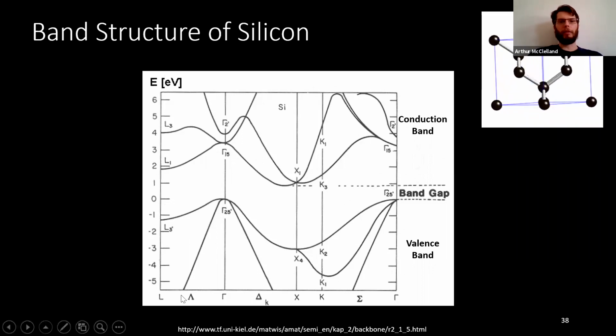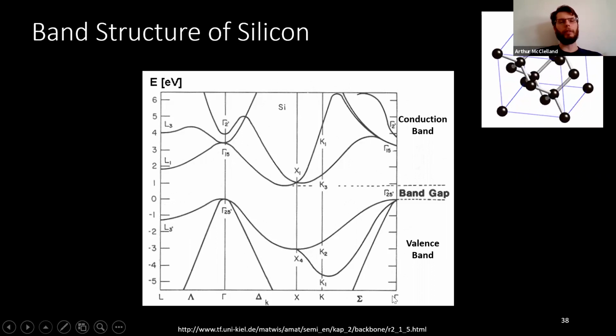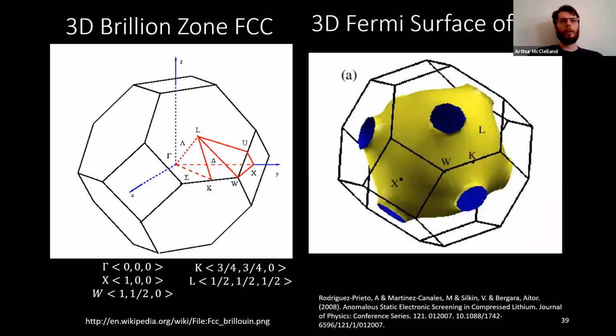So these letters down along the bottom are different crystal symmetries. So in 3 dimensions, we see these different crystal symmetries labeled. And then we can go from the 3D Brillouin zones of the FCC, and we can put in our Fermi levels. So this is where the electrons are actually going to be populated at 0 in 3 dimensions.